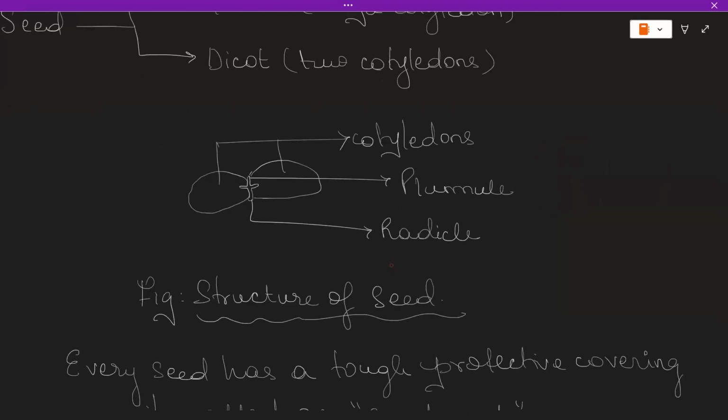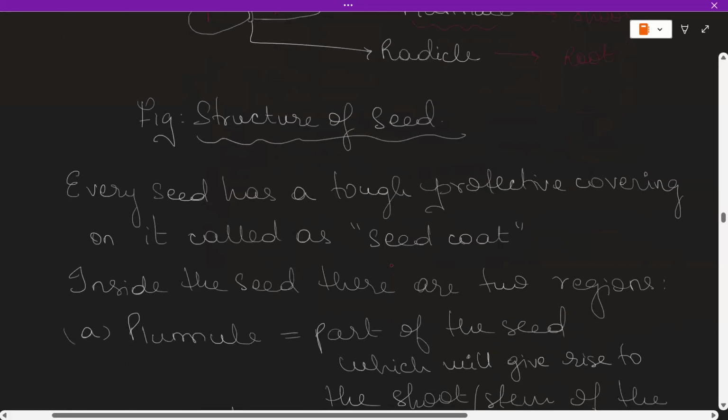And this right here is the structure of a seed, wherein you see this is cotyledon number 1 and this is cotyledon number 2. Right in the middle is the embryonic axis. The upper part is the plumule, which will give rise to the shoot. The lower part is the radicle, which will give rise to the future root.